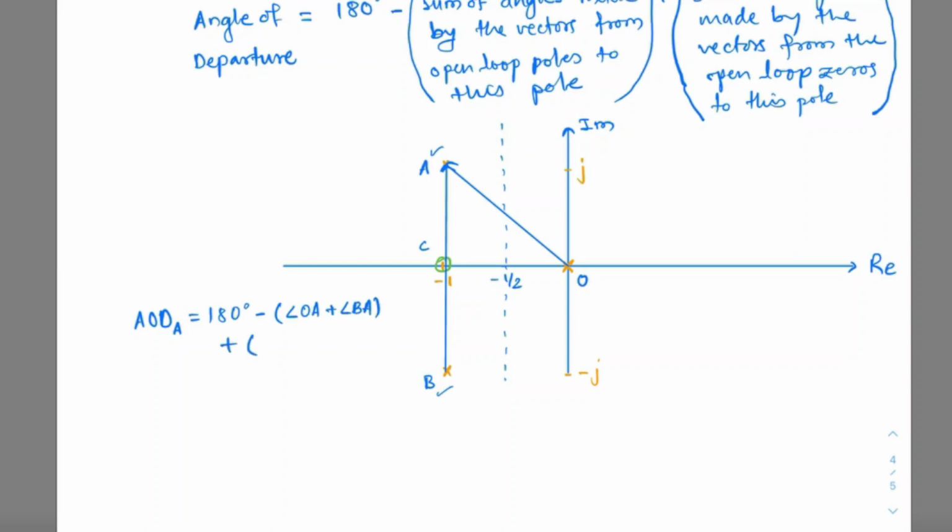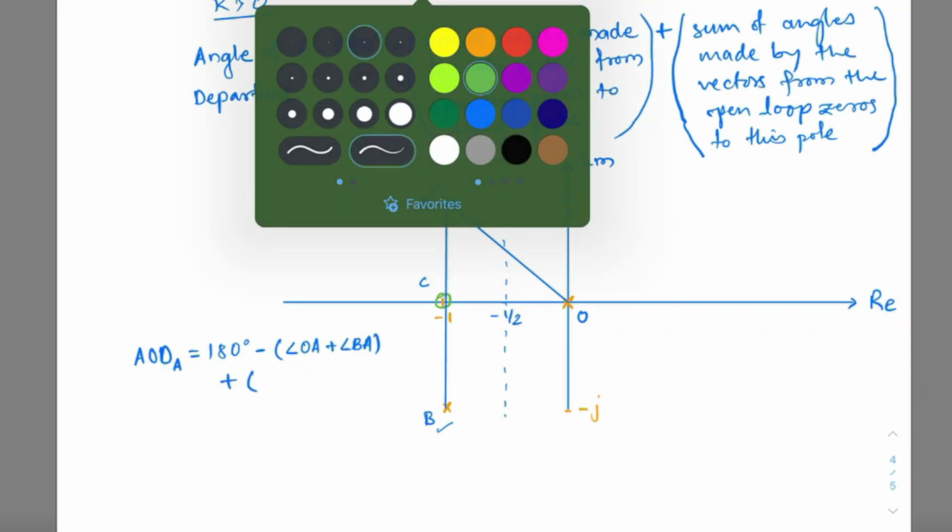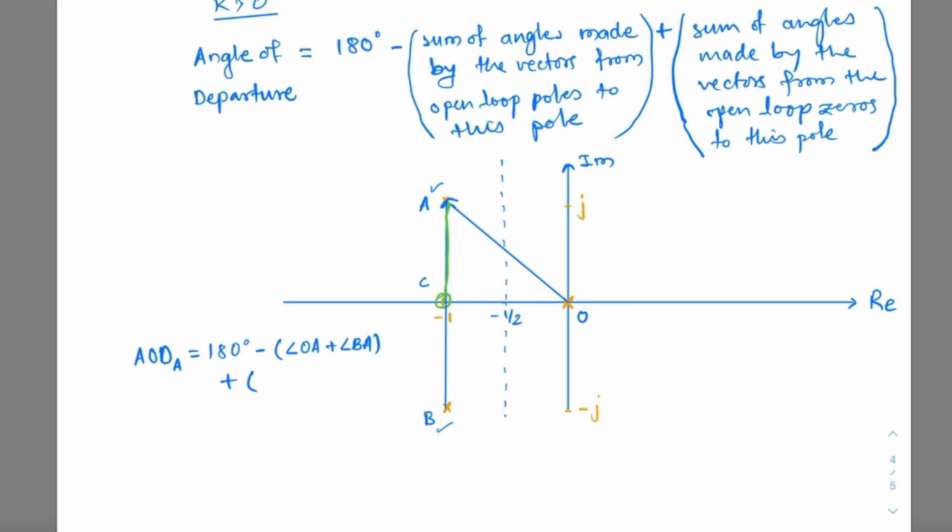Plus, now let's look at the sum of angles made by the vector from, let me use green here, this is this. So angle from C to A.